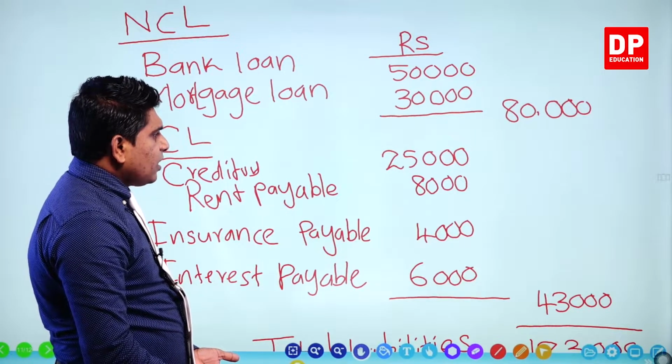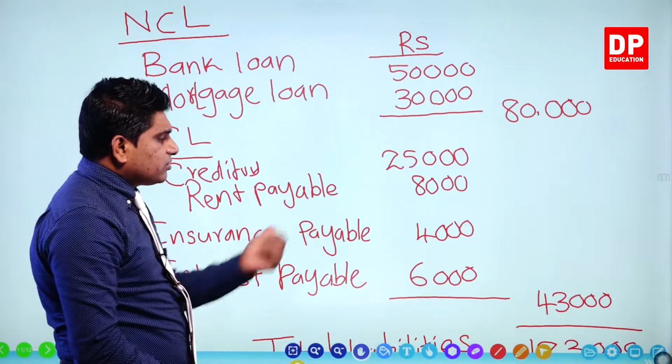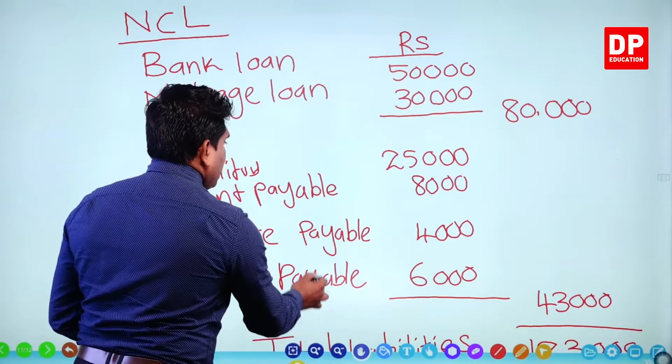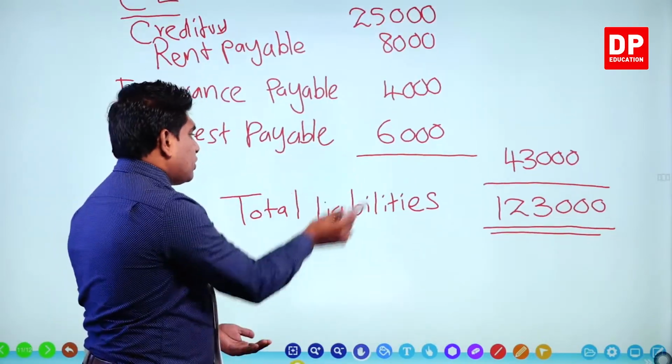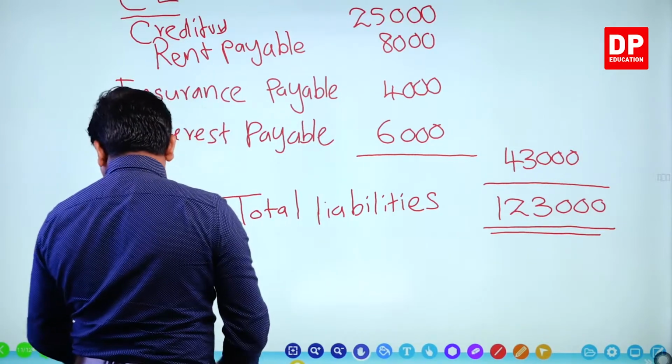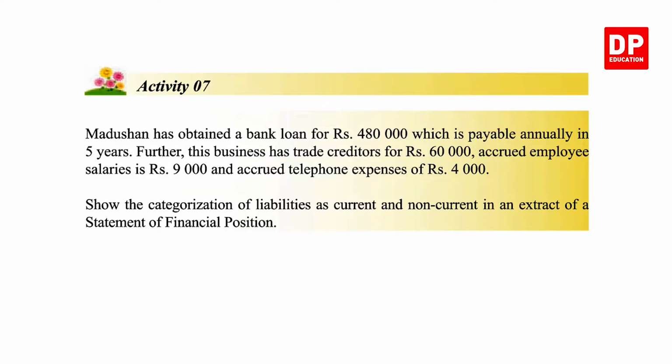Then how much? 43,000 is the current liability total, right? After that, current liability plus non-current liability, total liabilities, it is 123,000. Now activity 7, you can turn to your textbook now, right?